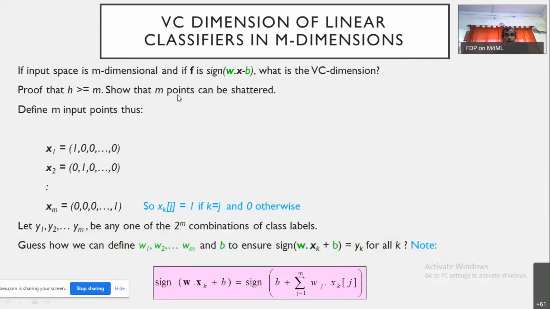Okay. So the VC dimension is practically greater than or equal to M. In M-dimensional space, the VC dimension is greater than or equal to M. It's not always M plus 1, it's greater than or equal to M. And I think there is an expression somewhere.